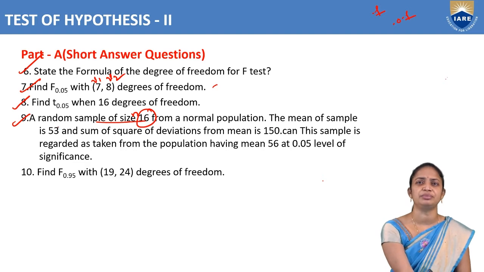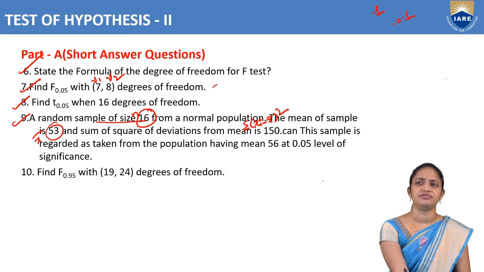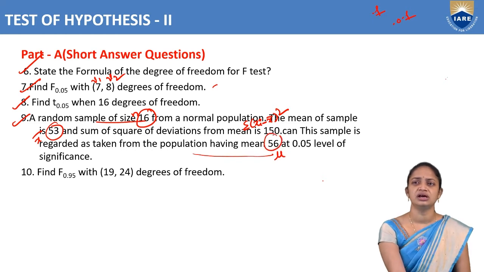The mean of the sample is denoted with x bar, and the sum of the squares of deviations, that is the summation xi minus x bar whole square, is equal to 150. The population mean is denoted with mu, mu equal to 56. Alpha value is 0.05.